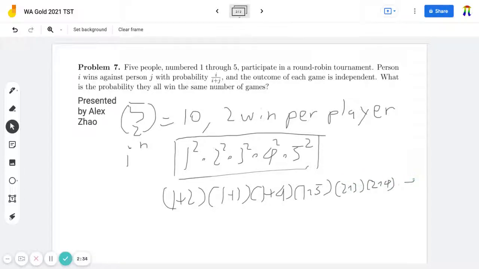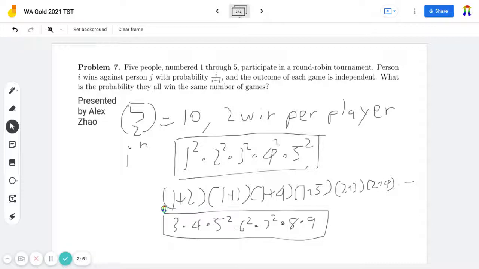This denominator is 3 times 4 times 5 squared, 6 squared, 7 squared, times 8 times 9. This is just combining all the terms that are equal. So see that we have one number for each of the possible values of I plus j. 5 is squared because 5 can be written as 1 plus 4 or 2 plus 3.